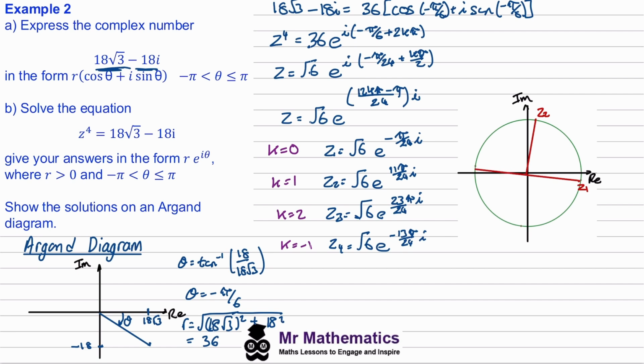And for z4, negative 13 pi over 24. And we can see this is right because they're separated by 90 degrees or 2 pi over 4, which is pi over 2. Okay?